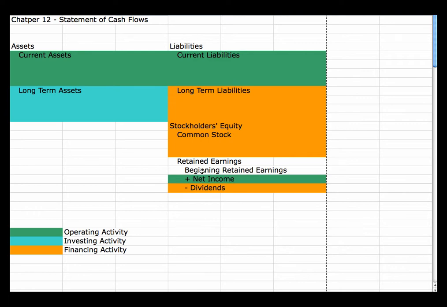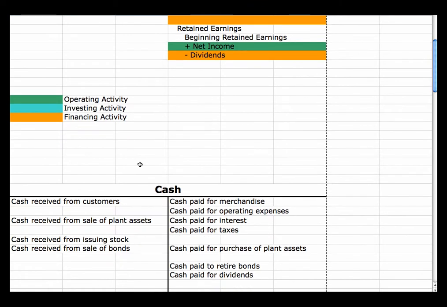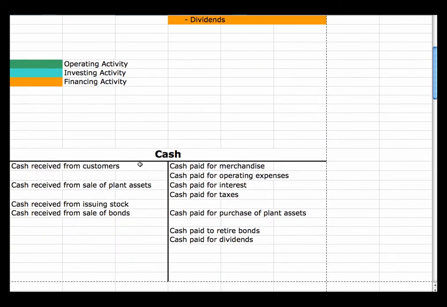Now, another way to take a look at statement of cash flow preparation is to take a look at a T account for the cash account. Here are some examples of the various types of things that may affect the cash account. Of course, we put this in a T account format so you can identify the debits and credits, remembering that cash is an asset.